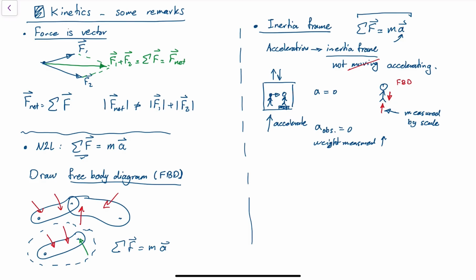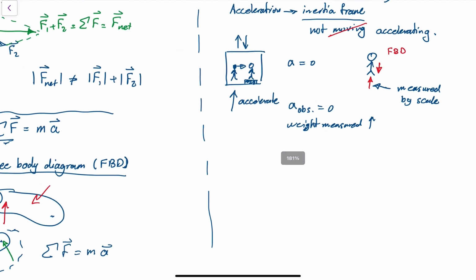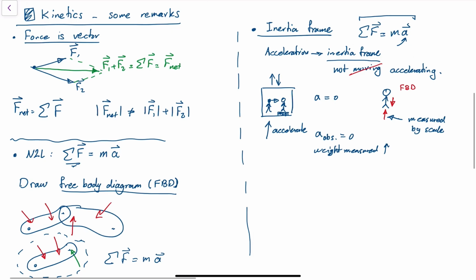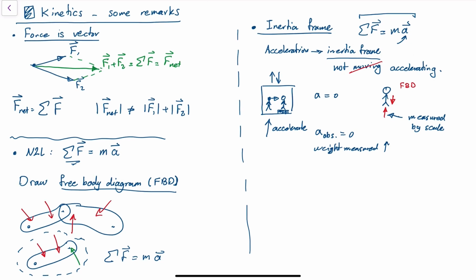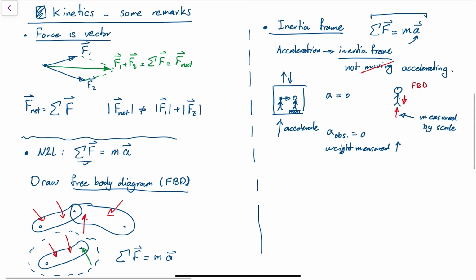Your free body diagram still looks the same. The weight of the person hopefully stays the same. The acceleration is the same. But another force increases. There is a discrepancy between your equations and what you actually see.